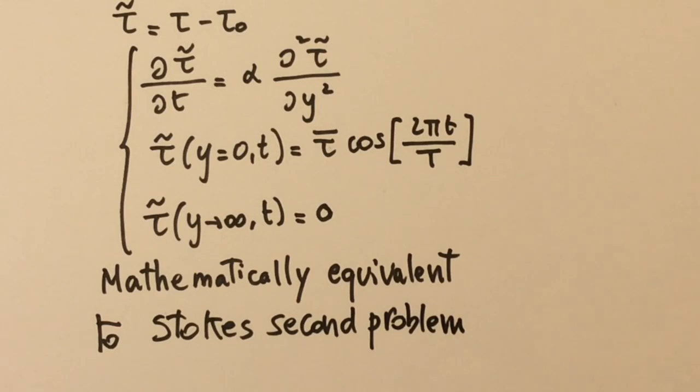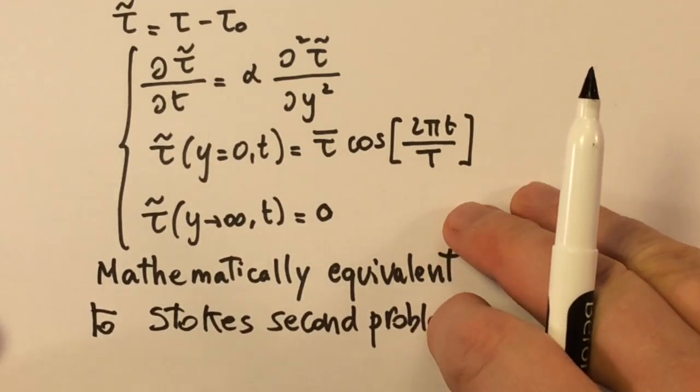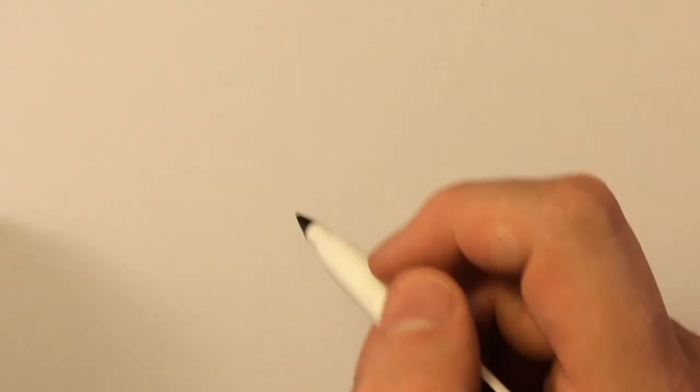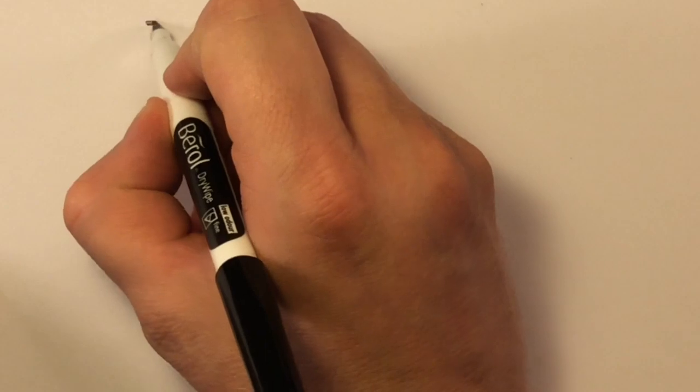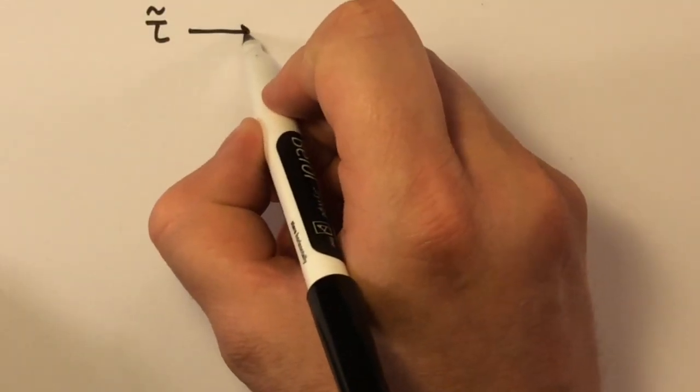And in our channel we have a related video that solves this problem. So this is of course a fluid mechanics problem, but they are mathematically equivalent. So let's see more specifically what the equivalence lies to. So first of all, in the Stokes problem, instead of the tau tilde we have a velocity u.